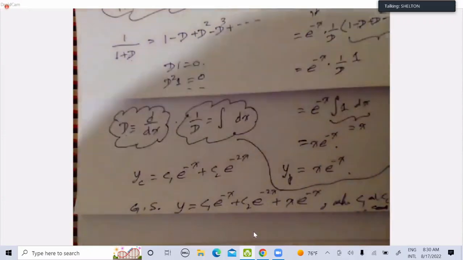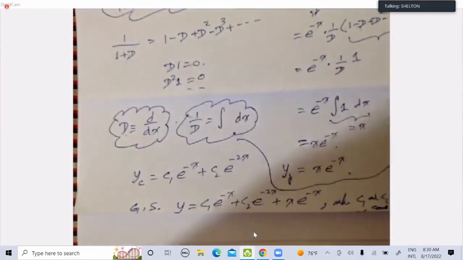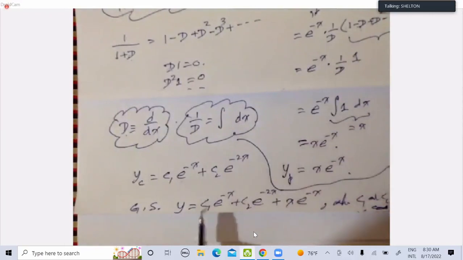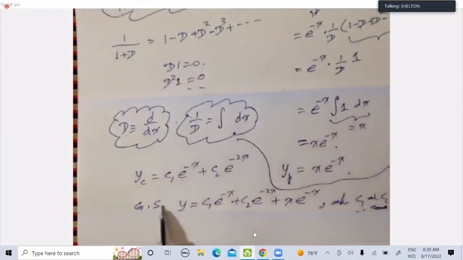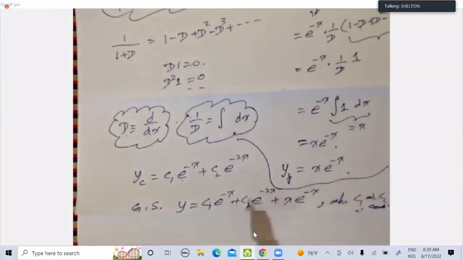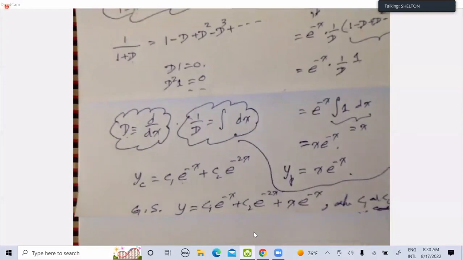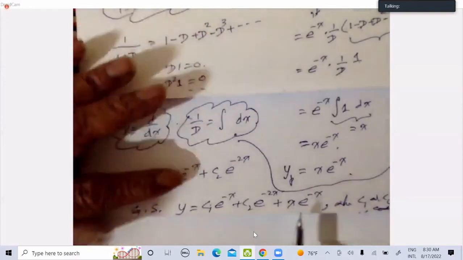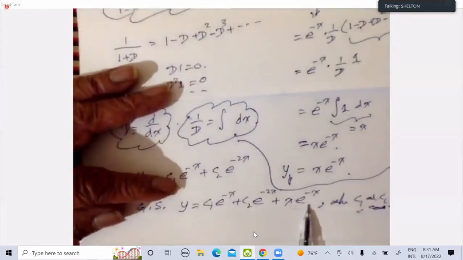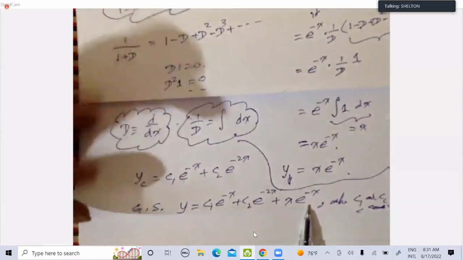Now I want to tell you something, to understand how to find the general solution of a given non-homogeneous equation with constant coefficients. All our examples involved the e to the alpha x type. Having obtained the answer, I could have done it this way.